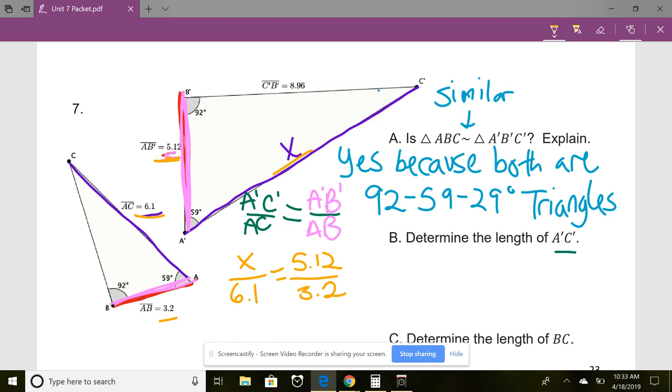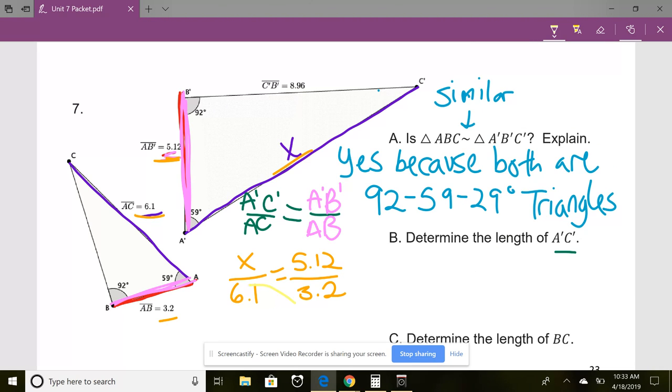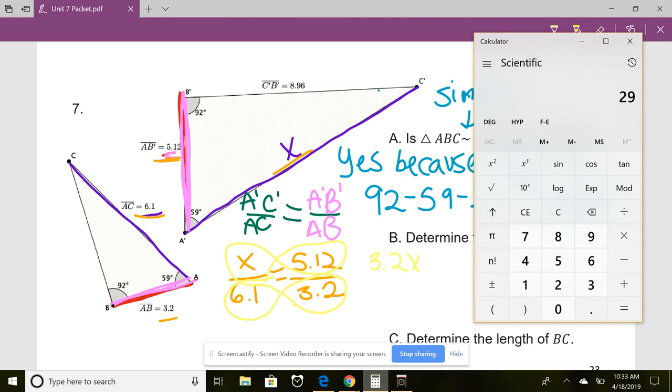To solve a proportion, we cross multiply. So x times 3.2 is 3.2x. 6.1 times 5.12 is 31.232.